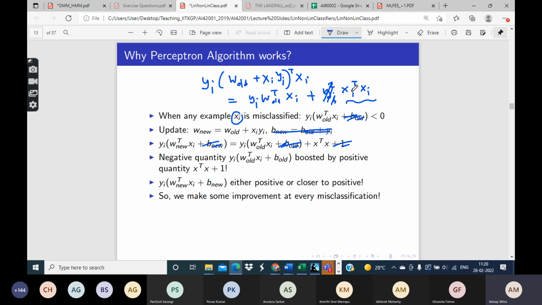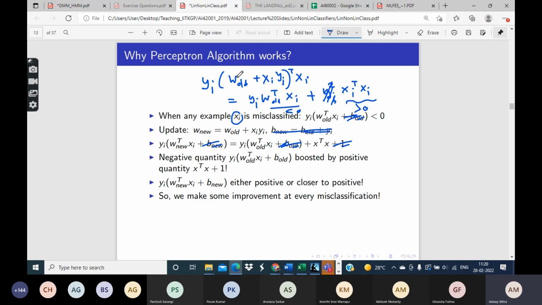Xi is a feature vector, a d+1 dimensional vector, and in Xi transpose Xi you are taking the square of all the elements and adding them up. Since it is a sum of squares, Xi transpose Xi has to be a positive quantity. So this thing was negative and this thing is positive.